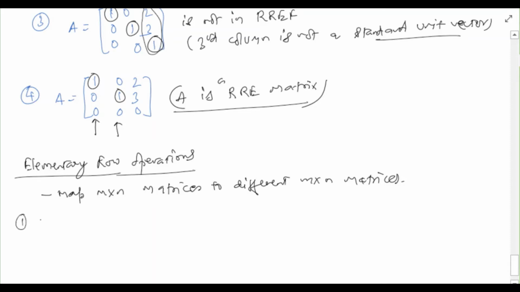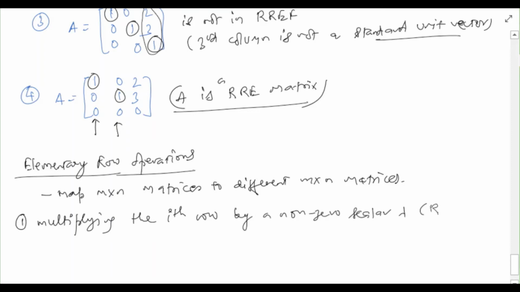The first one is multiplying the ith row by a non-zero scalar lambda. This operation is denoted as Ri to lambda Ri.